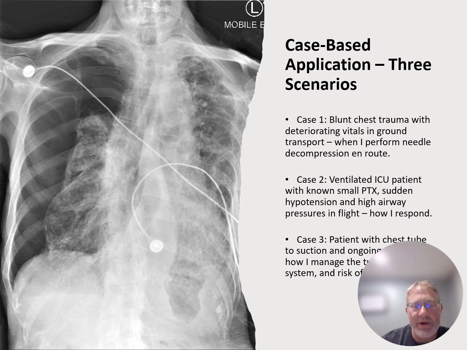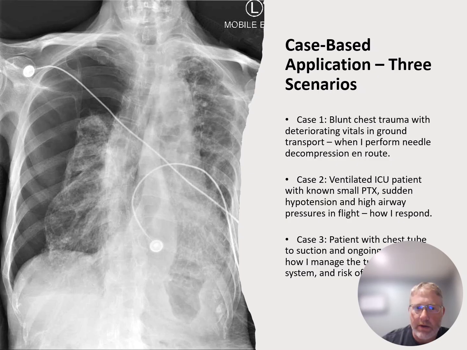For case one, picture a blunt chest trauma patient whose vitals are deteriorating in ground transport. Breath sounds are decreased on the right. The patient is hypotensive and tachycardic, and ventilation is becoming difficult. Think about when you might pull the trigger on needle decompression and exactly how you would do it.